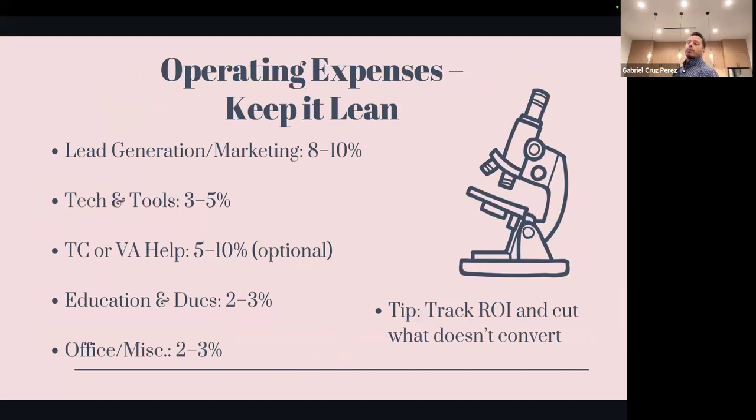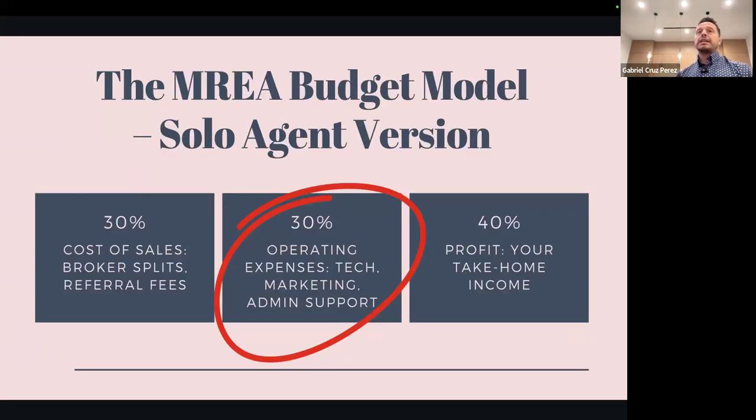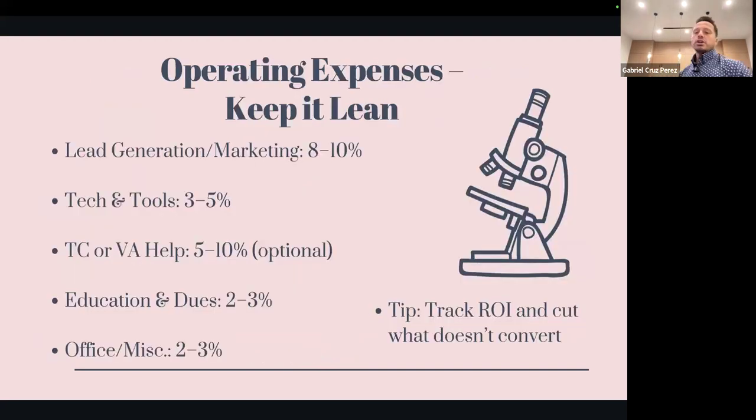We're not going to go too much in depth on this because for the most part, we're just going to work on having an operating expense sheet and a business account. But if you were to chop things up, and this 30% right here, let's say that equaled $100 because math, that means for lead gen and marketing, you should be spending about $10.